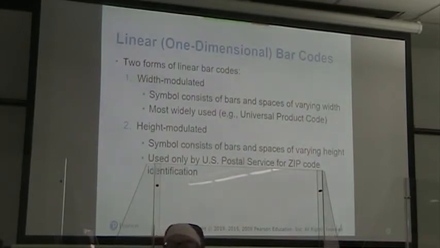All right, essentially we only have two kinds of linear barcodes. Width modulated, where our symbol is bars and spaces that have varying widths, right? This is very widely used, and one of the first technologies to use barcodes was the Universal Product Code.